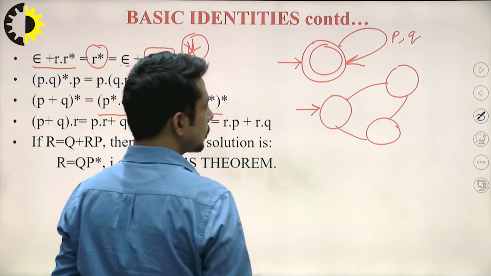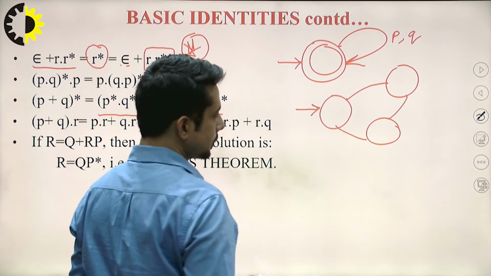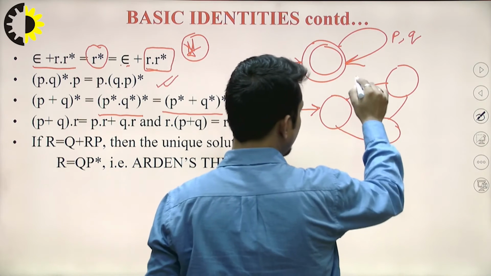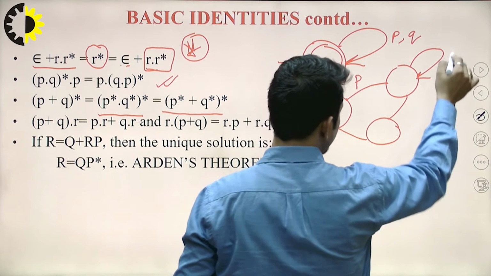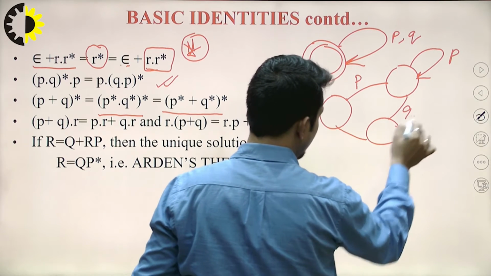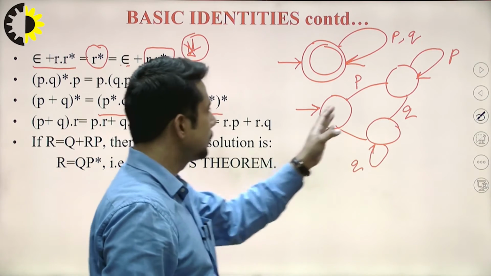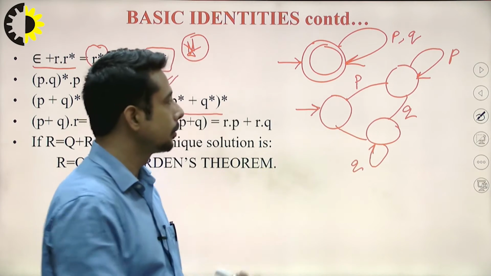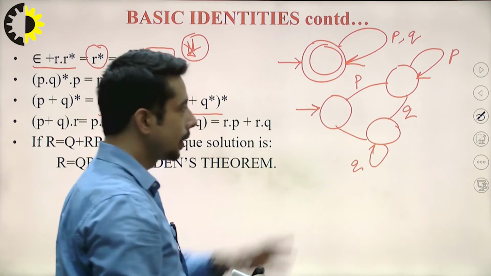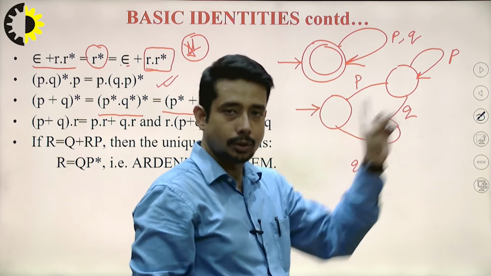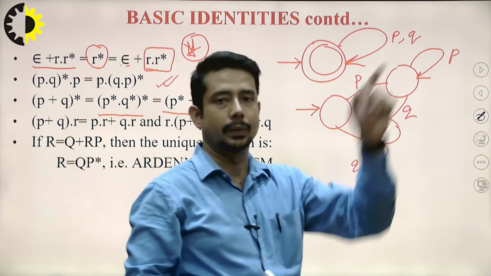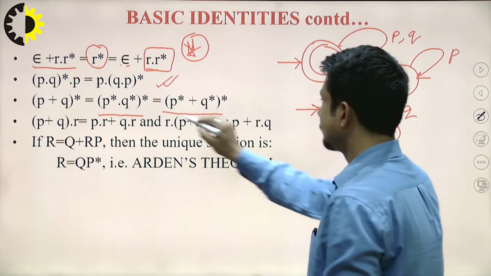If we draw in this fashion, we'll be having over here P and then a P, and then Q and over a Q, and some or the other we can have P* dot Q*, and it will act as a self loop, and overall we can say (P*.Q*)*, which is the meaning of this expression.